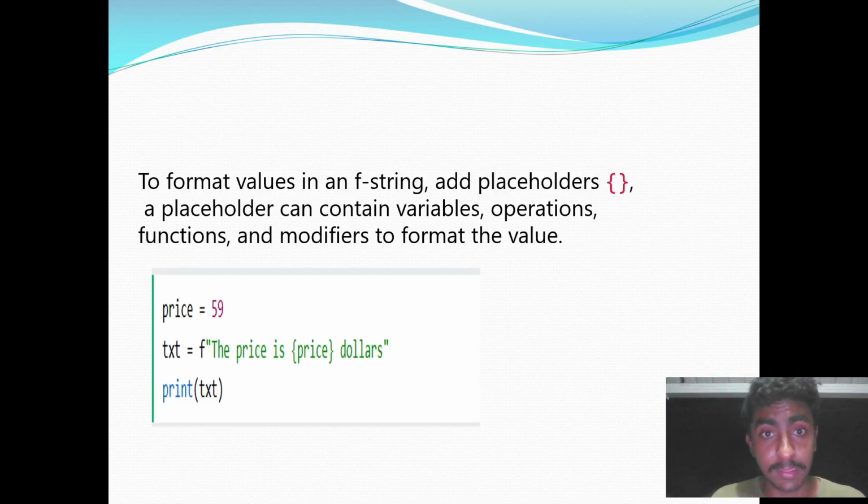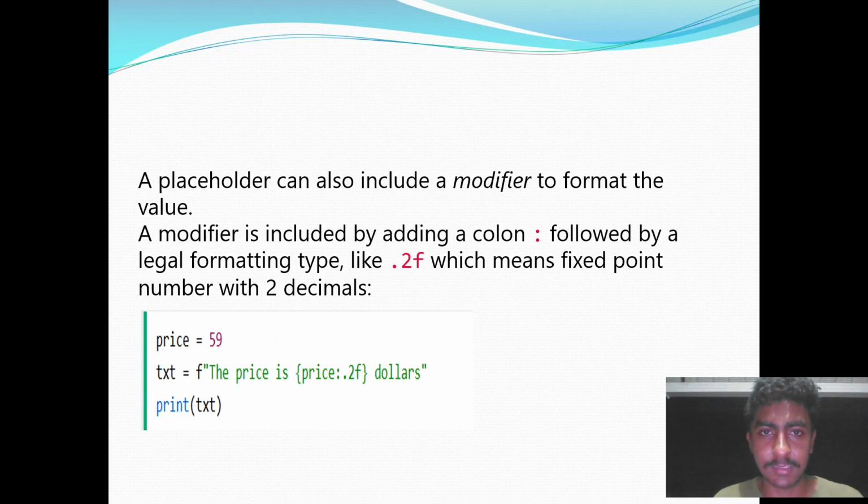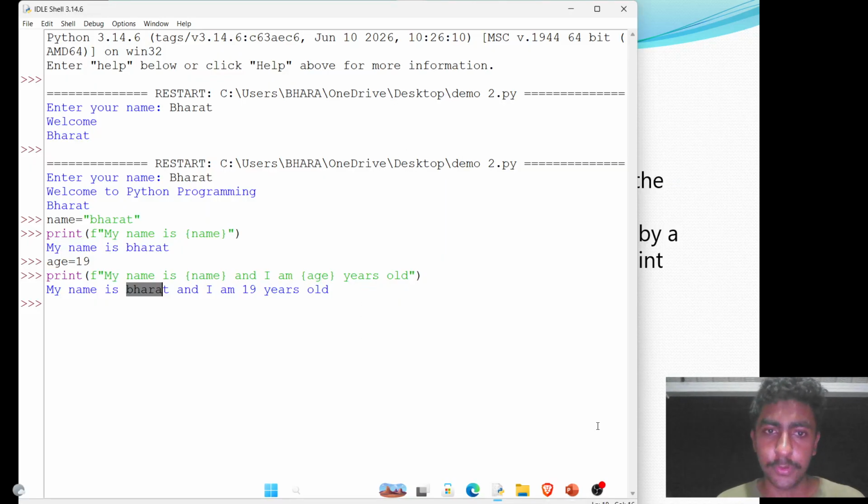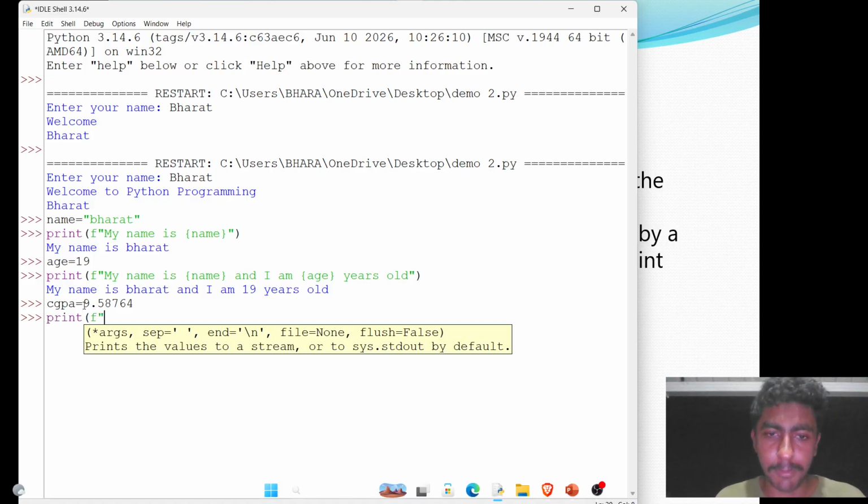Formatting numbers. The PPT also introduces modifiers. A modifier is added after a colon inside a placeholder. An example is .2f, which displays the floating number with two decimal points. If I have a variable called CGPA with 9.58764 and I want to print only two decimal places, I will write my CGPA is, curly braces, which is a placeholder, CGPA colon .2f.